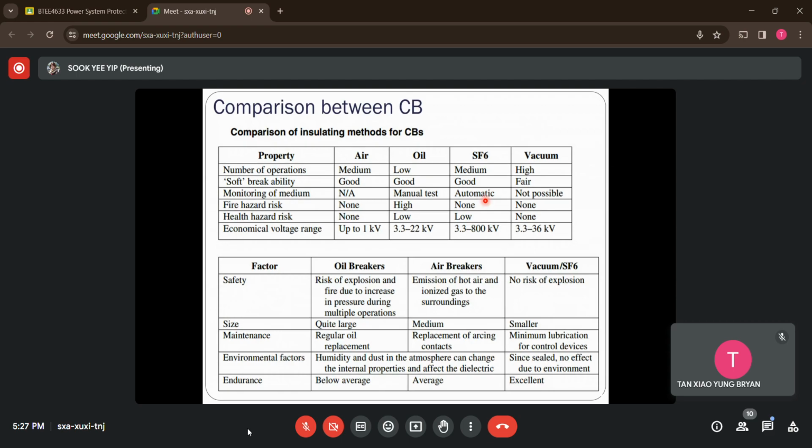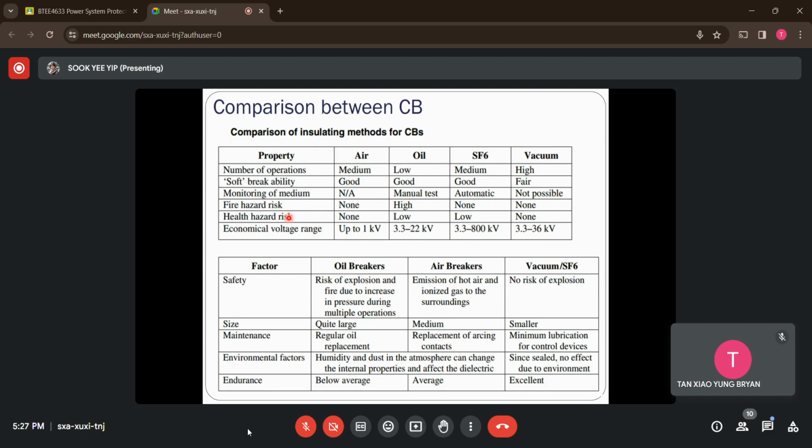Just to remember, it flows based on the pressure difference at the protective tubes as well as the puffer cylinders, so you don't need to monitor it. And for vacuum, it is possible to monitor the decrease in pressure, as you have to keep it in order to have vacuum conditions. Of course, you must also ensure there is no leakage of the vacuum due to damage of the tank.